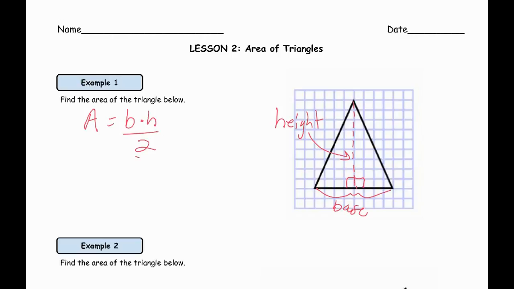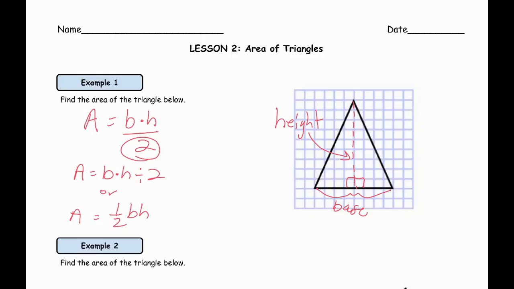And the reason why we're dividing by 2 is because it's half of a four-sided figure. We can also write area equals base times height divided by 2, or area equals 1/2 the base times the height. You have the freedom to use any of those formulas to find the area of a triangle.